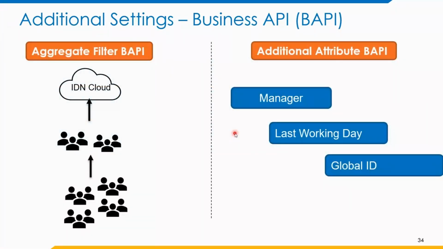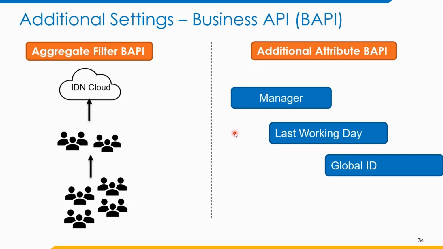So let us understand the aggregation filters that are supported for business APIs. One is the aggregation filter BAPI, and the other is the additional attributes BAPI. The aggregation filter BAPI aggregates a filtered list of employees from an SAP HR system.